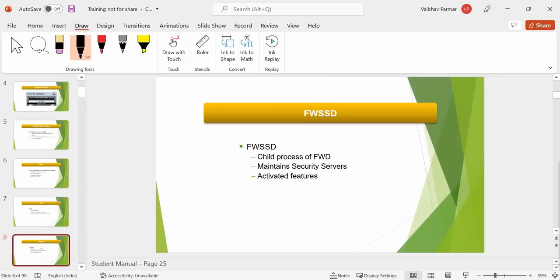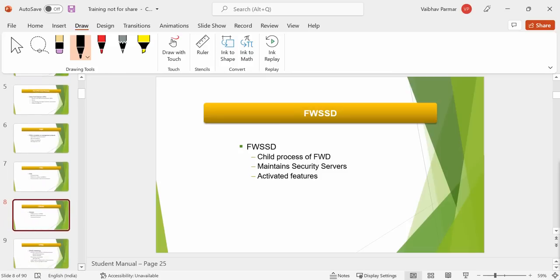So it's a child process of the FWD, but it comes into the picture only when we enable such blades in our environment. Okay, good.